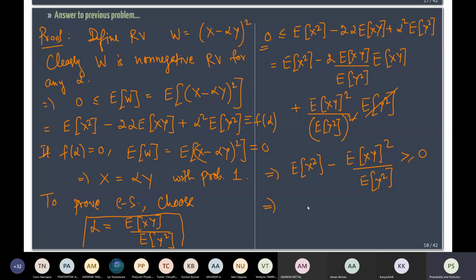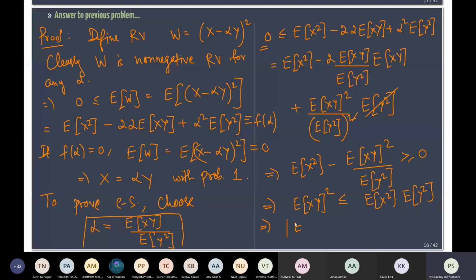So this implies that expectation of xy whole square is less than or equal to expectation of x square times expectation of y square. And if I want to, it is allowed to provide a mod here.